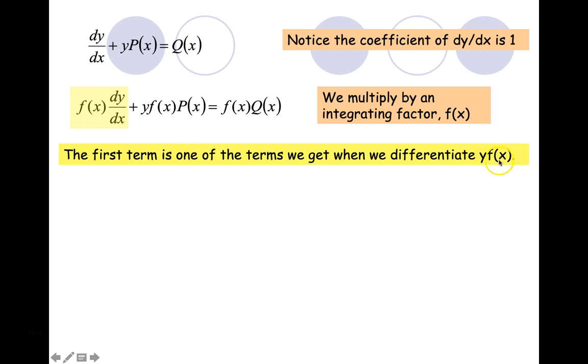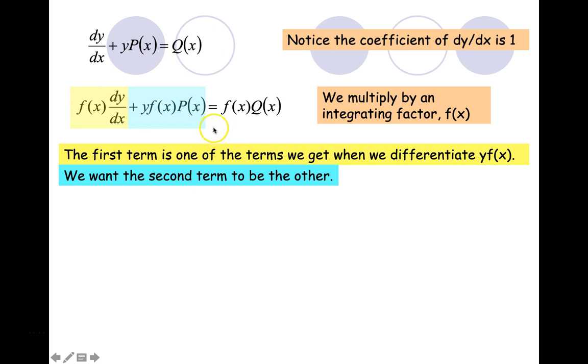So you first leave your f of x constant, you differentiate y, and you will get dy over dx. So what should the second term be? The second term should be the next term. So first you leave f of x, you differentiate y, you get dy over dx. So you should now leave y, then you differentiate f of x. So the second term should be f prime of x, right?